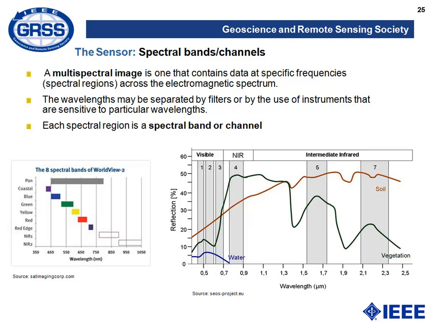So we can obtain more detailed information about some sorts of covers and behaviors, as shown in this slide: how soil, vegetation, or water reflect sunlight differently in the visible, near infrared, or intermediate infrared bands.